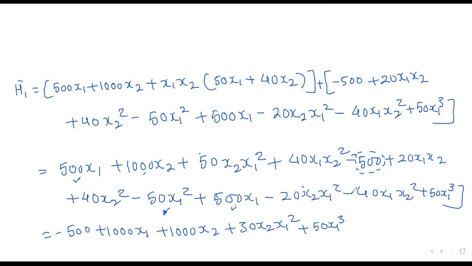Now 40 x1 x2 square, 40 x1 x2 square, so it cancels out. This 40 is 20 plus 20 x1 x2, and the rest is the square. So 40 x2 square minus 50 x1 square. Yes, this one.